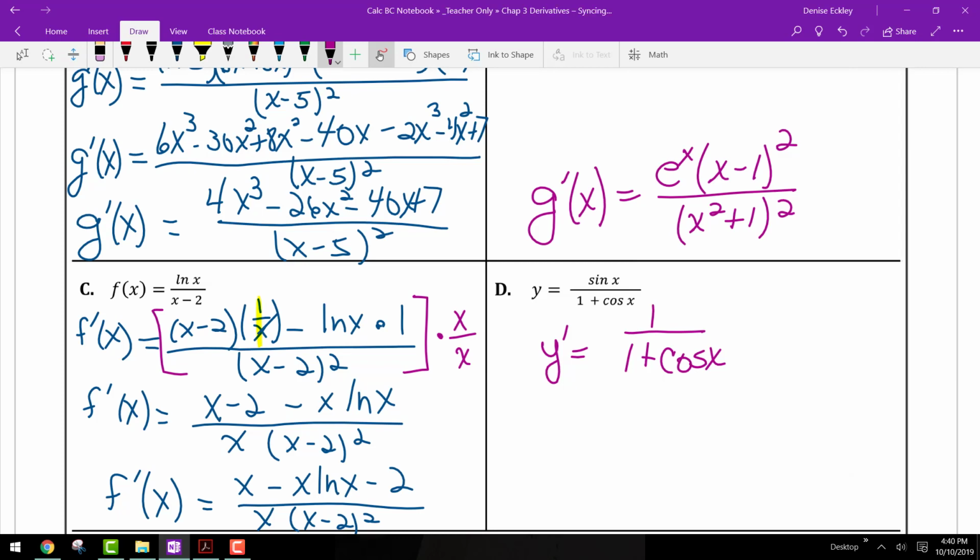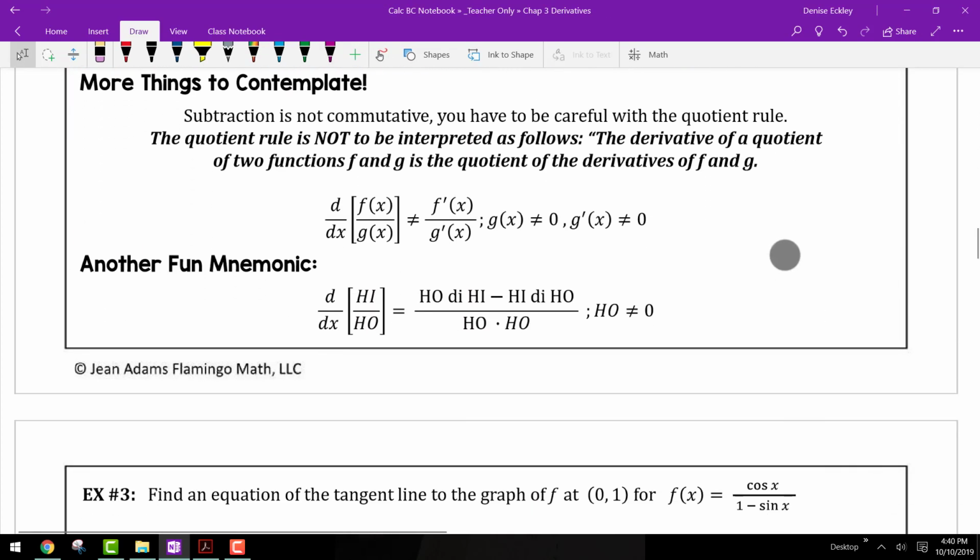And you always want to look for those when you're dealing with trig derivatives. Okay, at the bottom here, I again caution you about not just making it the derivative of the top over the bottom. So be careful with that. Also, here's another mnemonic: ho d hi minus hi d ho over ho ho, if you like mnemonics.